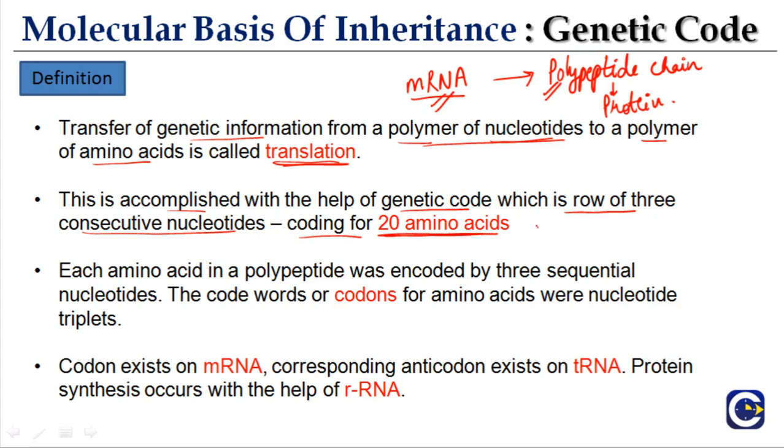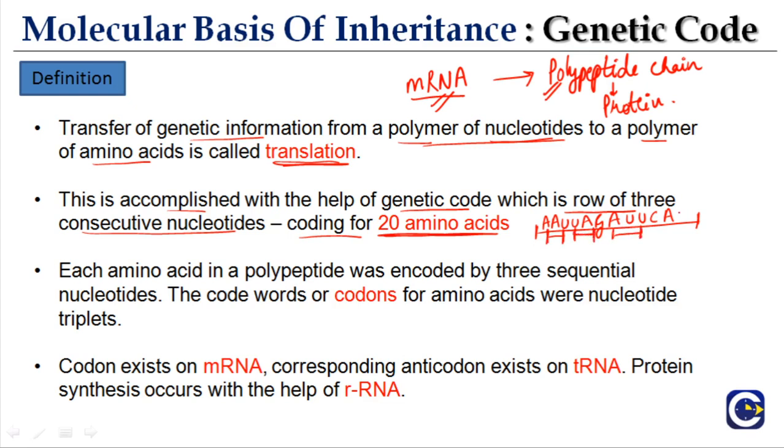So for example, this is the mRNA that we have, and hypothetically let's have a sequence like AAU, UAG, AUC, A, something. Very hypothetically, none of them mean anything. So what is the genetic code? The genetic code is when a sequence of 3 nucleotides is read together. So these 3 are read together.